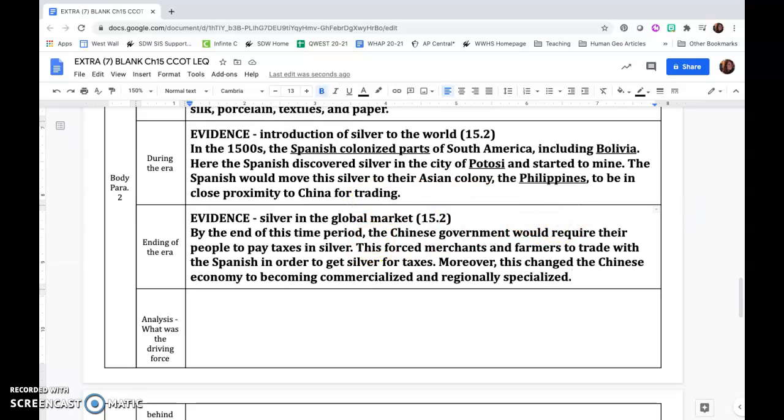The very last thing then that we have to go through is talking about analysis. Again, analysis is telling me, why did this happen? As I just said, Europeans want these goods, and therefore they are willing to trade all of the silver in the world for them. So we are going to talk about two driving forces behind this change.